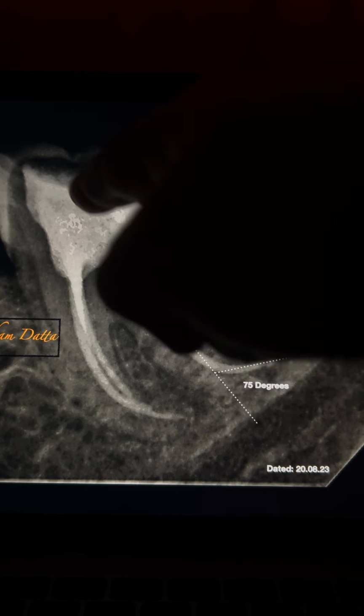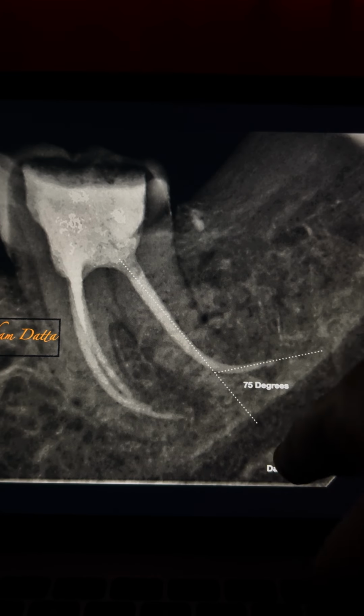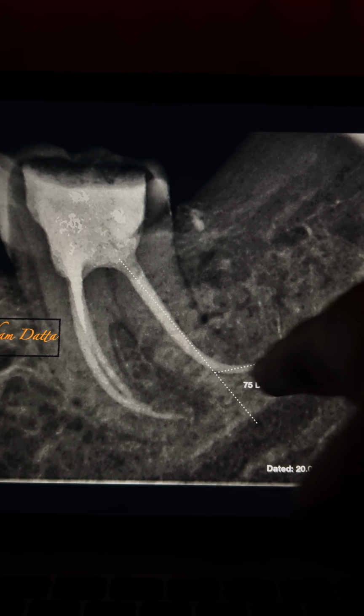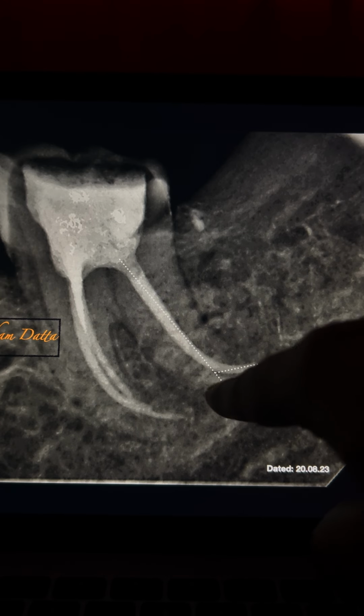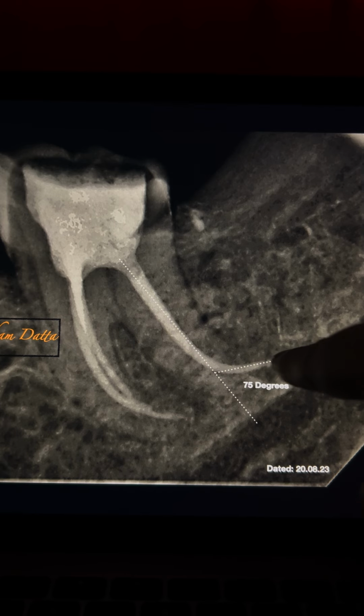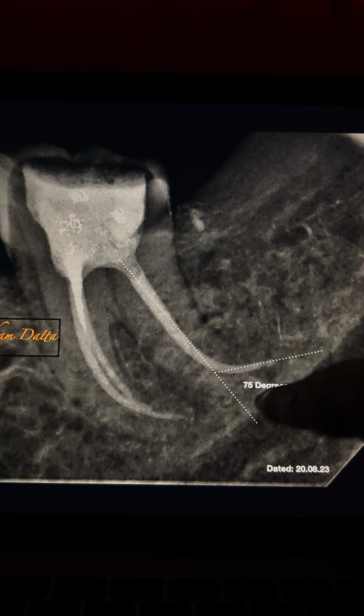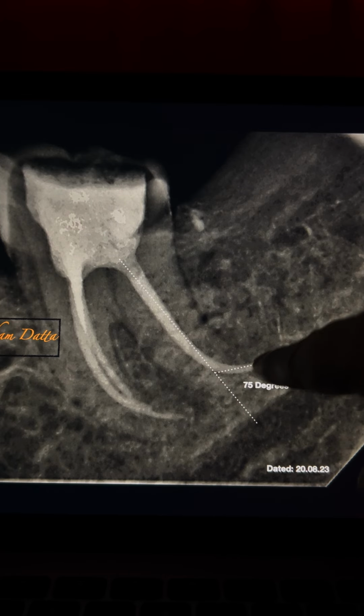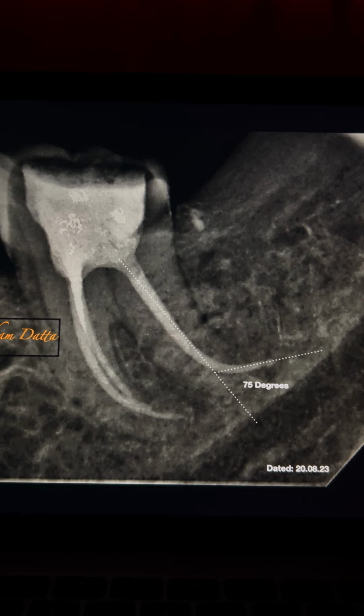This is the first line which is straight from the orifice way down, and this is the second line which starts from the point of curvature to the radiographic apex, and this angulation is approximately 70 to 75 degrees. Now you can appreciate the proper obturation of the curvature in this case.